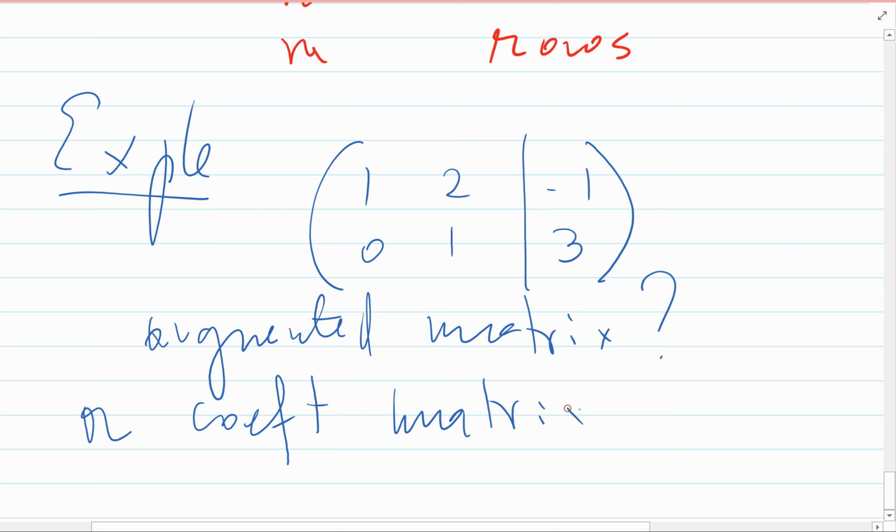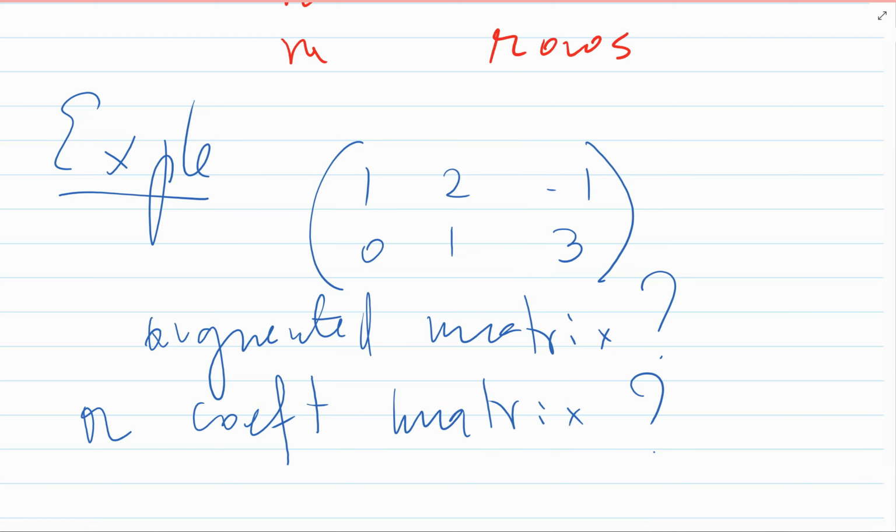It makes a big difference. If this matrix is a coefficient matrix, it means you have 3 unknowns and 2 equations. But if it is an augmented matrix, it becomes 2 unknowns with 2 equations. So one has to be very careful when dealing with this kind of problem.